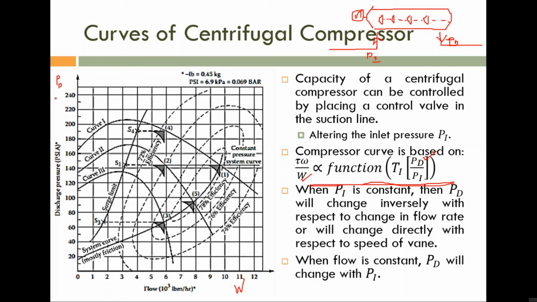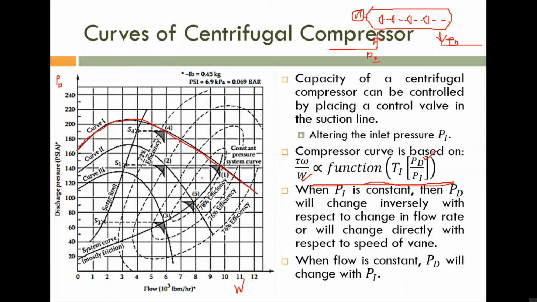If you are drawing discharge pressure versus W, we have to assume that all other variables are constant. So here we assume that Ti is constant, Pi is constant, omega is constant, tau is constant. Based on that, this one is drawn. This curve corresponds to a particular Pi, Ti, tau and omega.